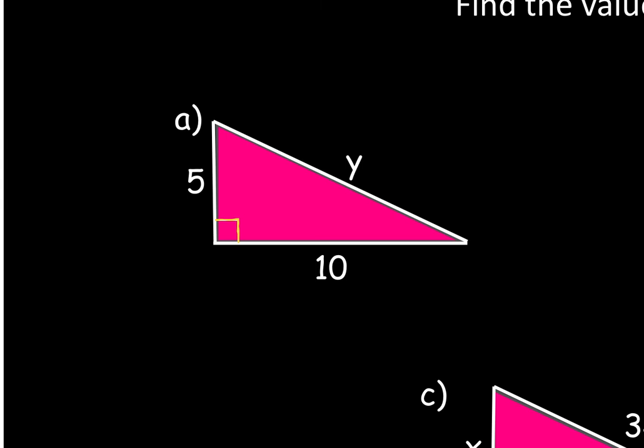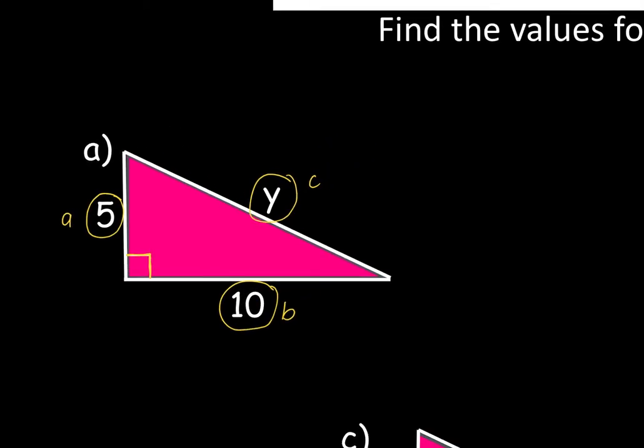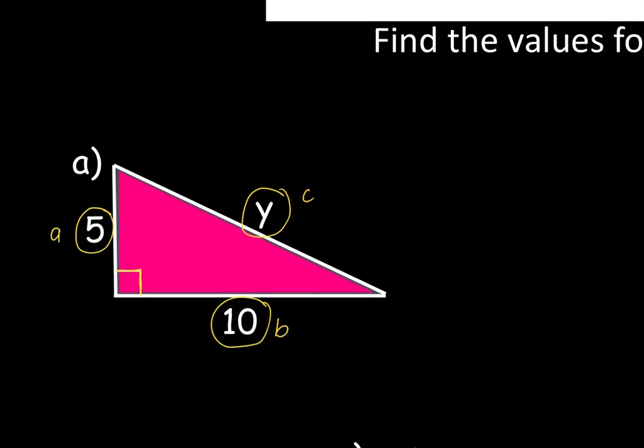What I need you guys to do is label each of the sides. This 5 will make our A. You could have made it your B, it doesn't matter. This 10 will make our B. And this Y is going to be our C. And we just write the formula down. In order to apply the Pythagorean theorem, it's A squared plus B squared equals C squared.